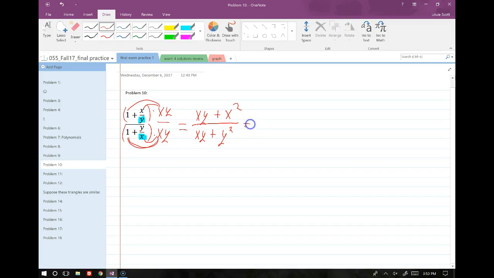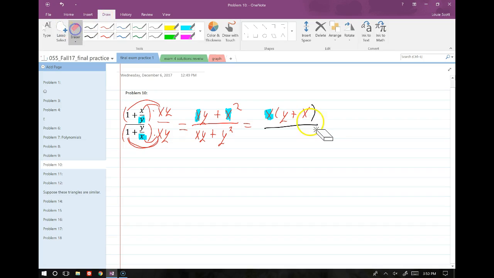Okay, so now that I have that done, I'm going to see if I can factor anything out on both sides and cancel. I think I can factor out x's on the top, and that would give me x times y plus x, right? Factor an x out from here and 1 from here.